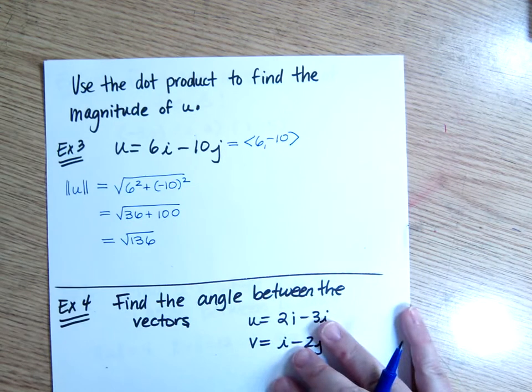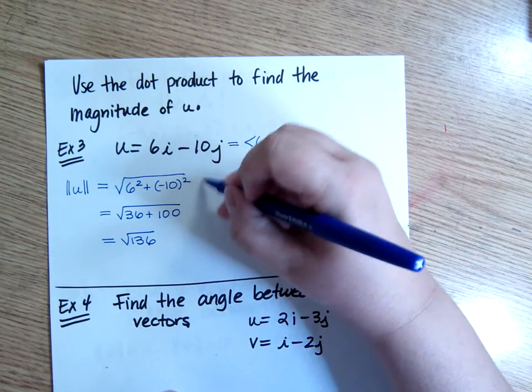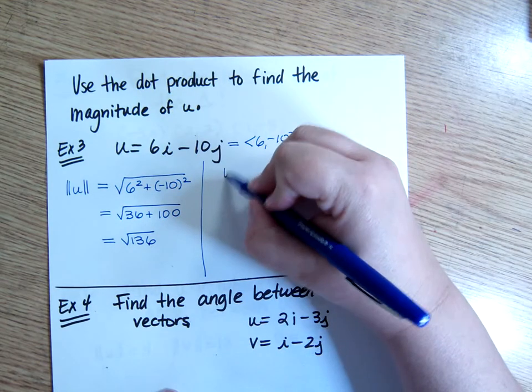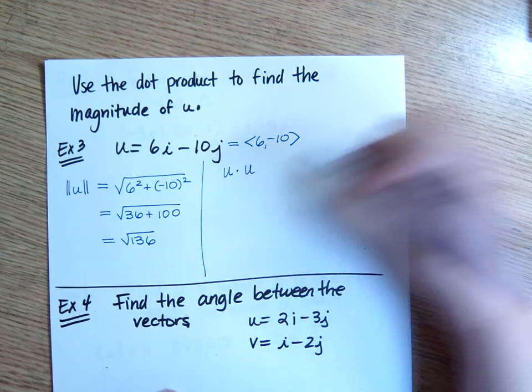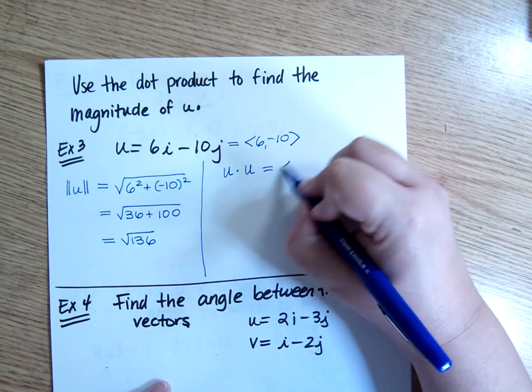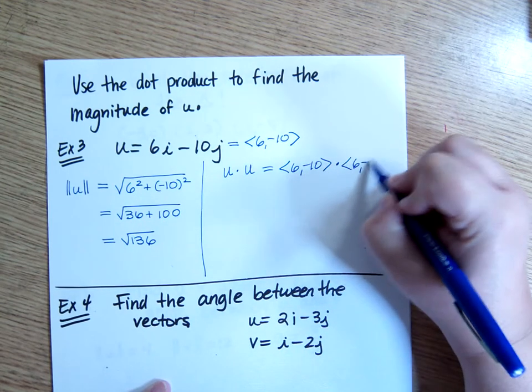Now, the way they're saying use the dot product is, instead of finding the magnitude the normal way, what if I find the dot product of u and u? In other words, that's the dot product of 6, negative 10 and 6, negative 10.